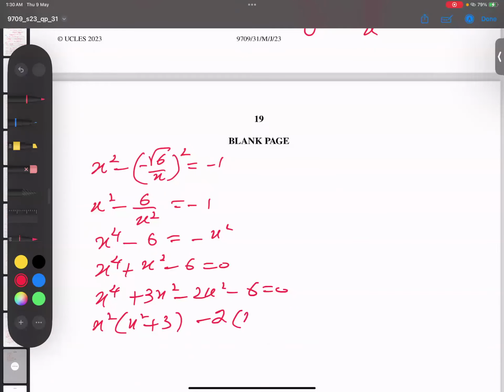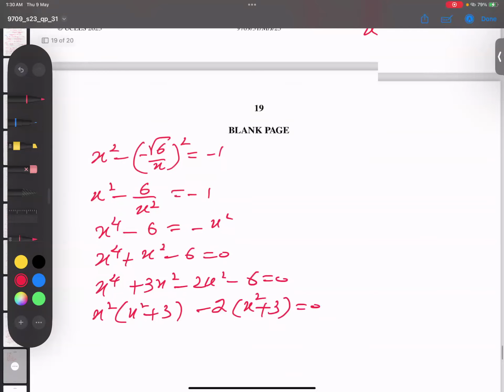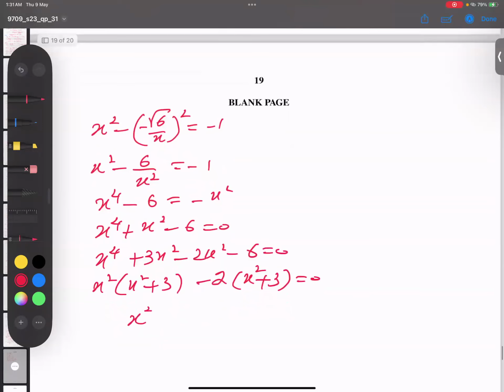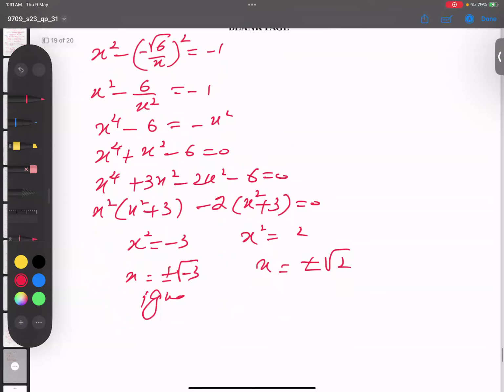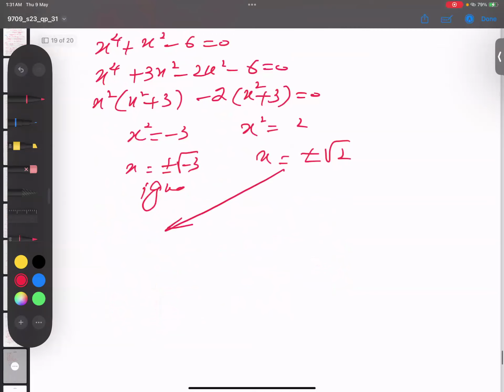Almost the same story is going on. So x to the fourth plus x square, plus 3 equal to 0. I got two answers, x square equal to negative 3 and x square equal to positive 2. Again, I take a root, I get plus and minus. Negative, I will ignore it. But here I got plus and minus root 2. And I will again put in two values.